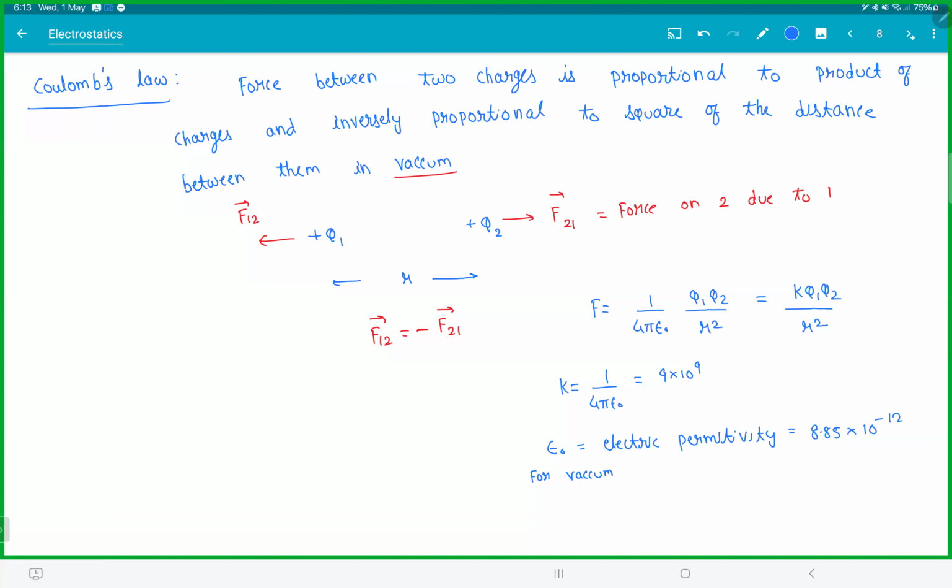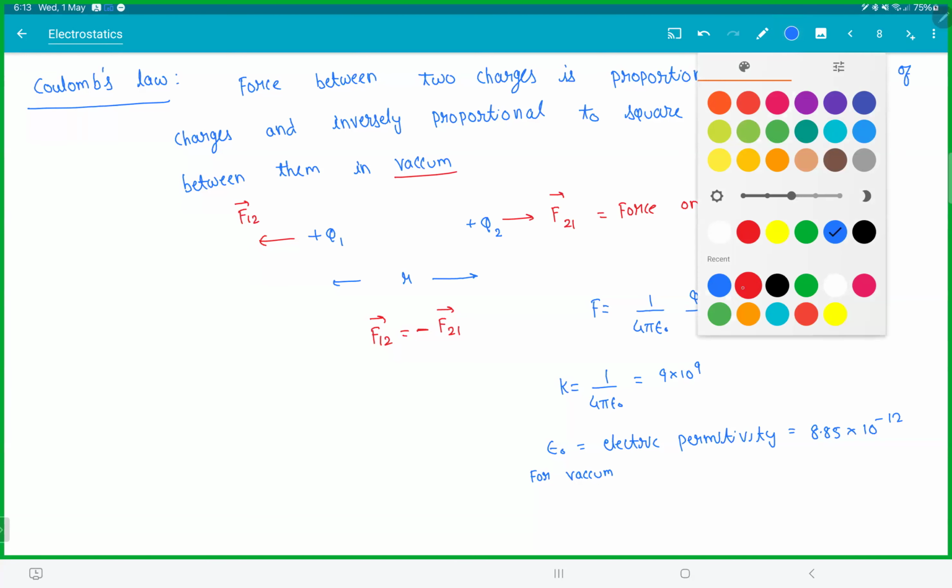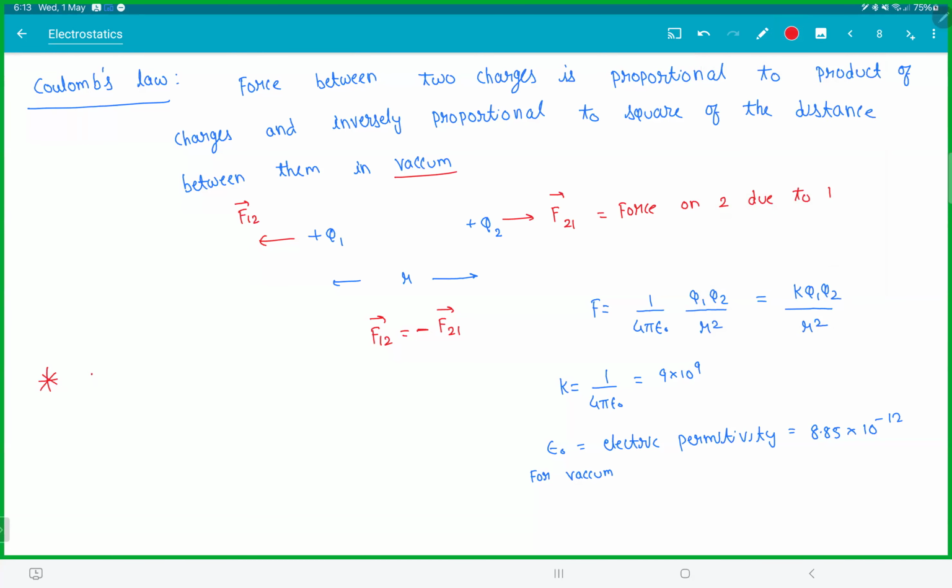Now, that is there. So remember this, whatever formula we derived is for point charges. Don't apply this for big bodies. So this epsilon's physical significance, let me talk about that later on better. Okay. So that's about the point charges there.